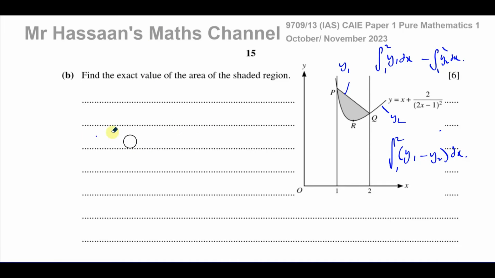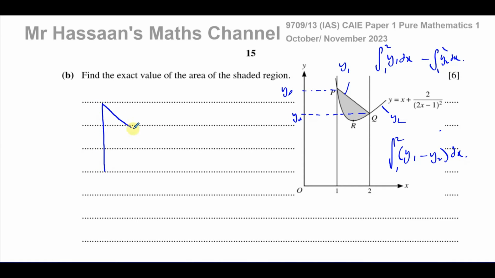Now what I'm going to do is show you first by using the trapezium, finding the area of this trapezium. To find the area of the trapezium, I need to find the y-coordinate of P and the y-coordinate of Q, because I have a trapezium with this type of shape.